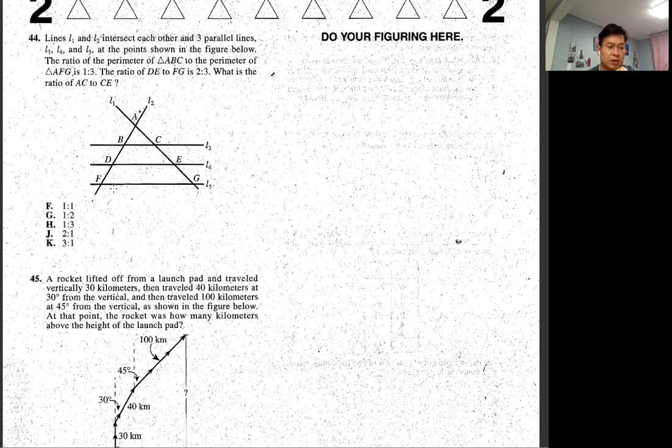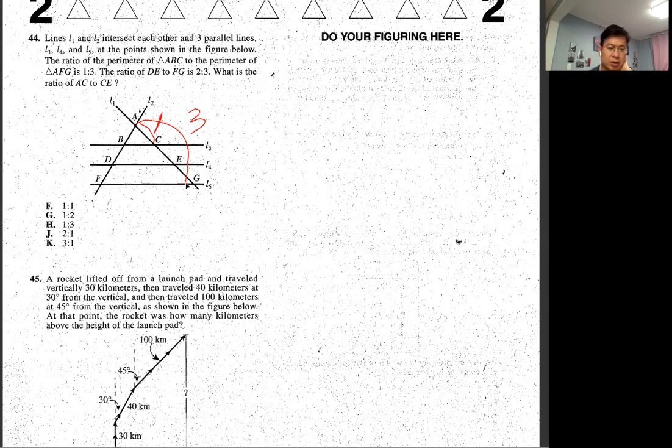DE to FG is 2 each. Okay. What is the ratio of this one? So first of all, triangle ABC and then AFG is 1, 2, 3. Okay. This is 1 and this is 3. 1, 2, 3 first. And then DE is this much, right?